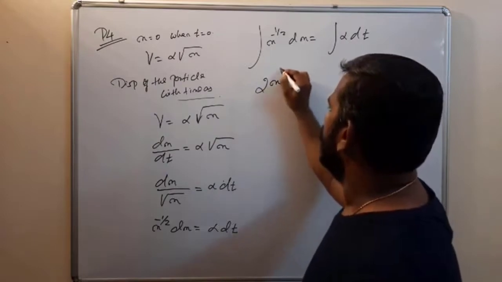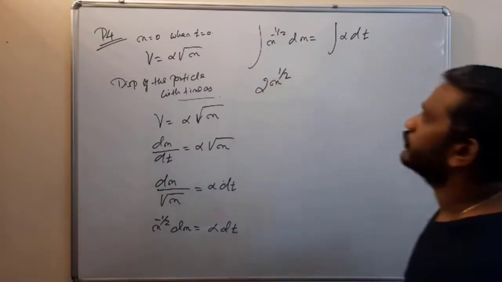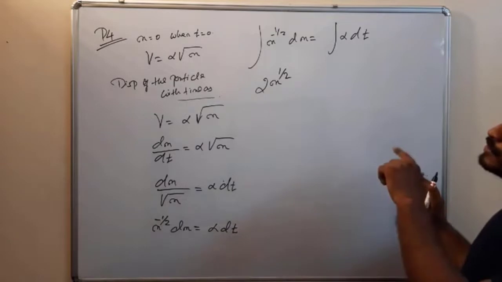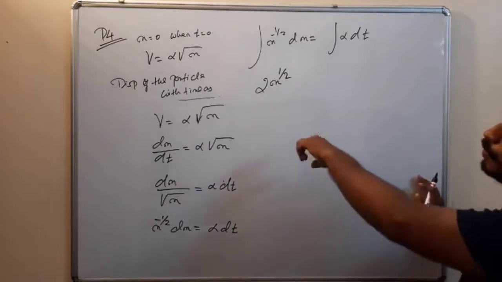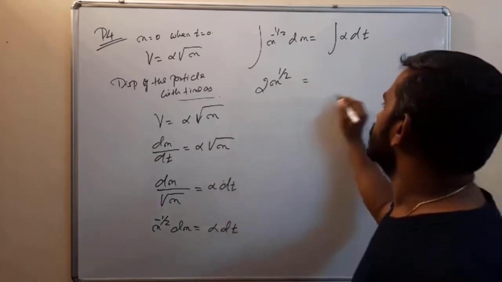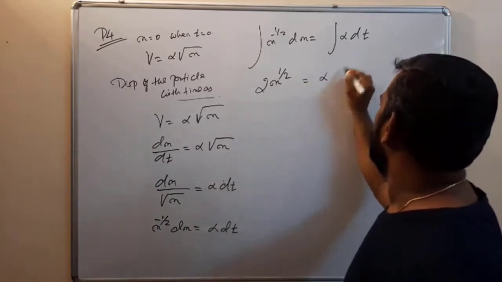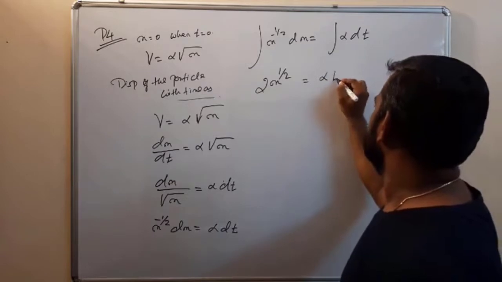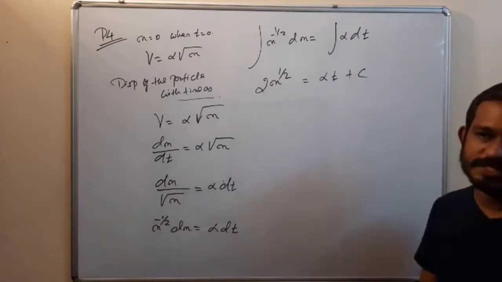Minus 1 by 2 plus 1 is 1 by 2, divided by 1 by 2, that is 2. So 2x power 1 by 2 is equal to alpha times the integration of dt, that is t, plus the constant of integration.